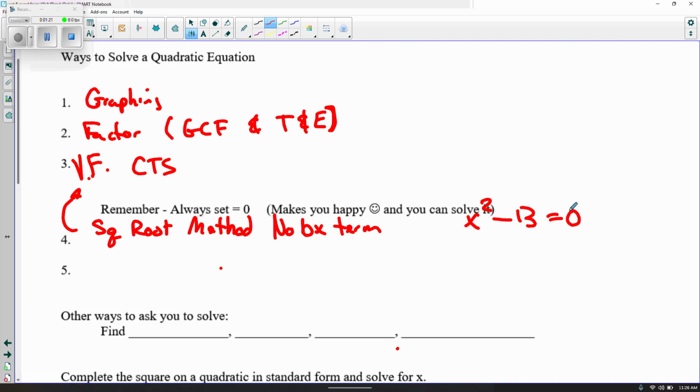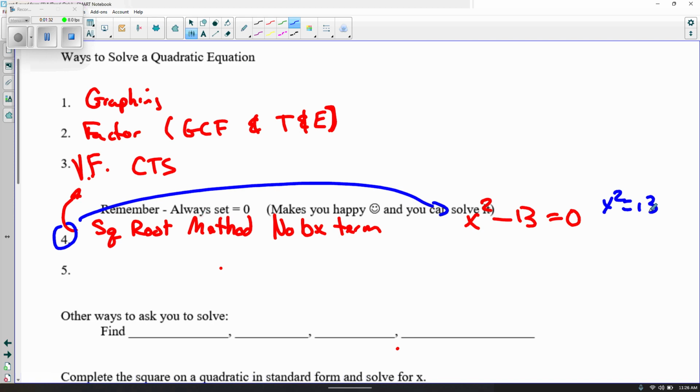This is method number 4, doing something like this. How do you solve that? All right, you add the 13. Good job. Then what? Oh, you only take the square root. That is where it is the square root method in this case.